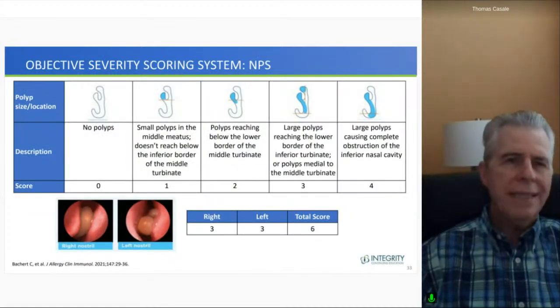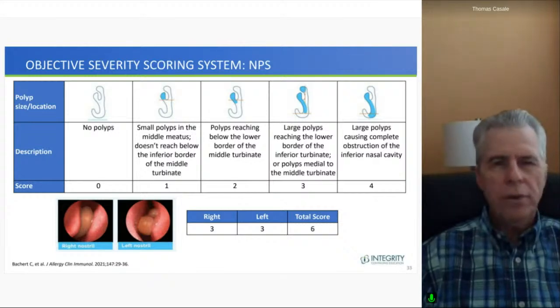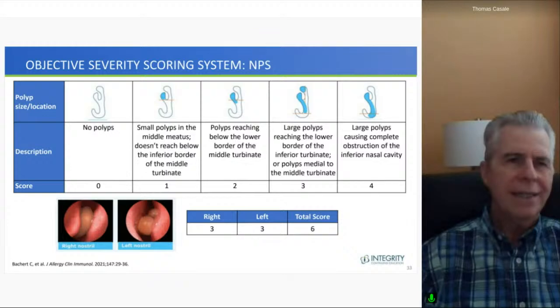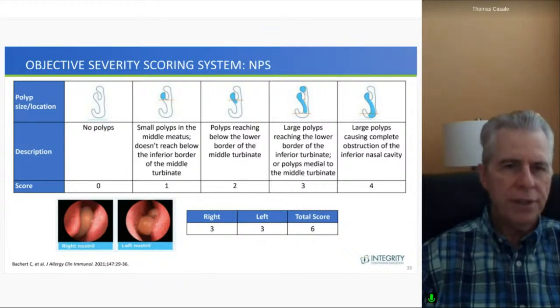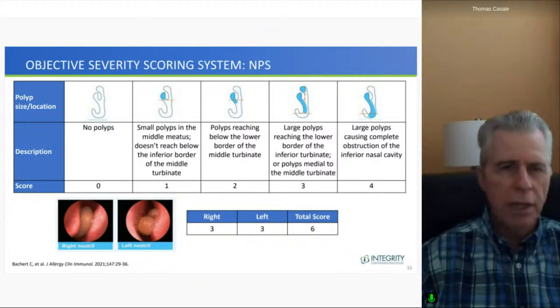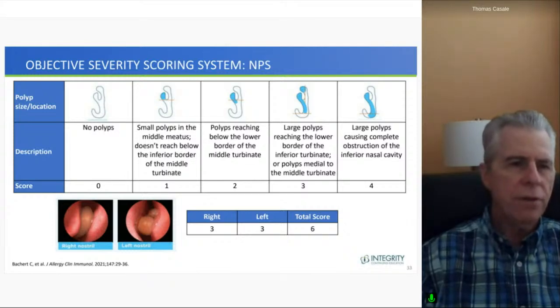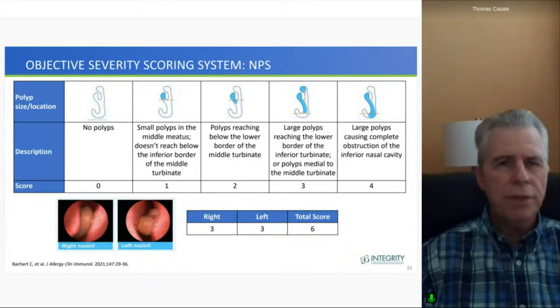Now, important to either decide when to use it or whether or not a patient responds is a nasal polyp scoring system. And that's shown on this slide, where you could see that it goes from a scale of 0 to 4, where 4 is very large polyps and 0 is none. And we'll talk about this in a second, but if you put somebody on a biologic, then how do you assess whether or not they're a good responder or not?